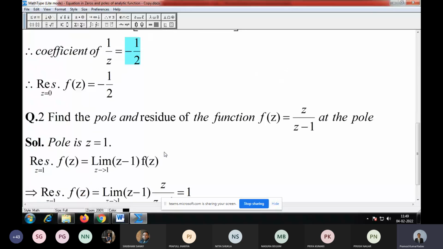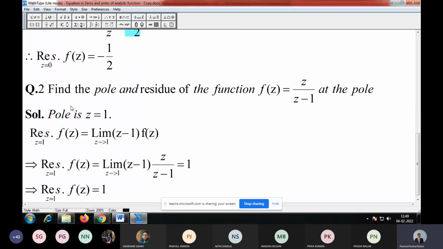Next question: find the poles and residues of the function f(z) equal to z upon (z minus 1). It's a very simple question. You may find that this function is analytic everywhere except at z equal to 1. So z equal to 1 is a singular point, and in fact that point is a pole of order 1.